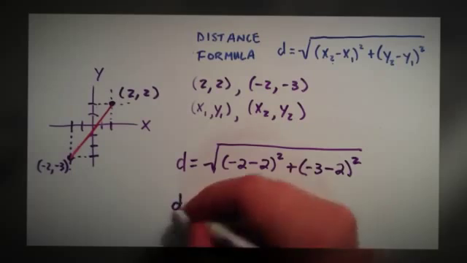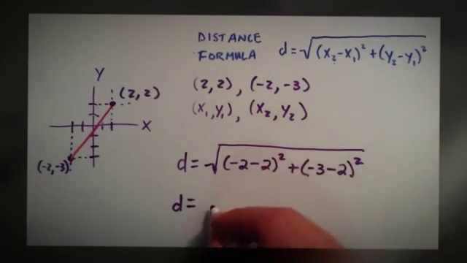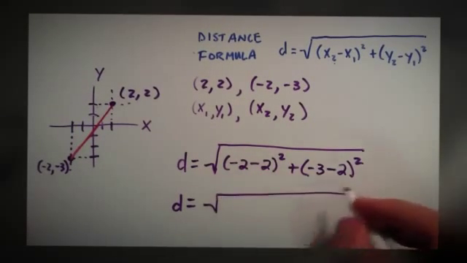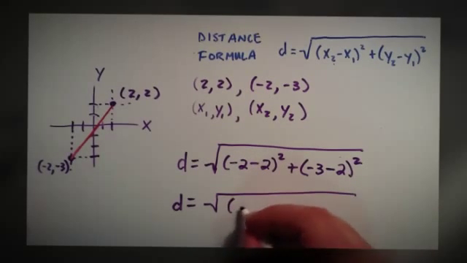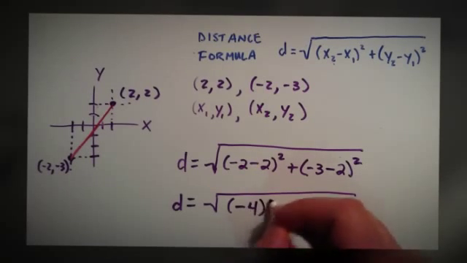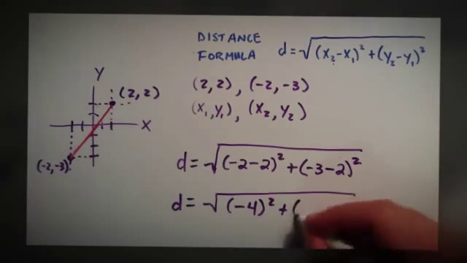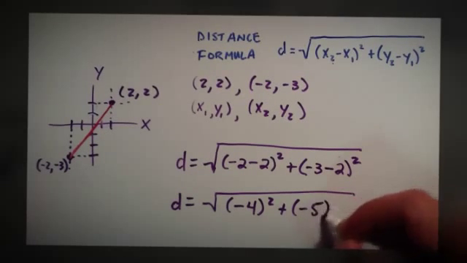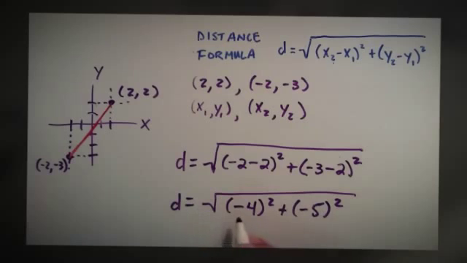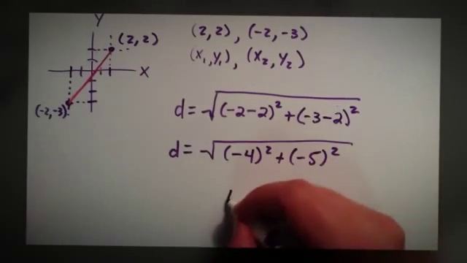So the distance between those 2 points is simply the square root of -2 minus 2 squared, and -2 take away another 2 is -4 squared, plus -3 minus 2, which is a -5 squared. Now -4 squared is the same thing as -4 times -4, which is 16.